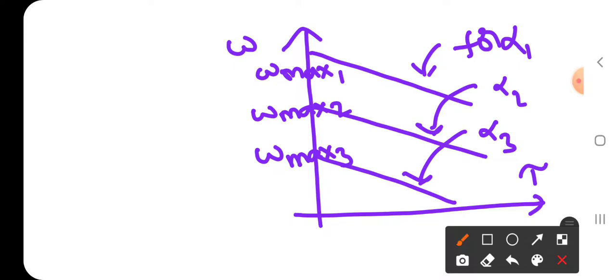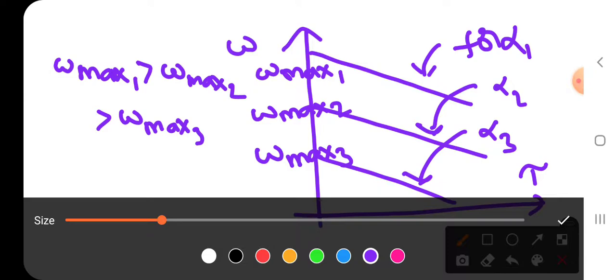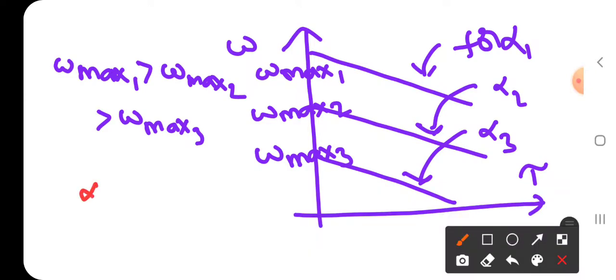So here omega max 1 is greater than omega max 2, which is greater than omega max 3. Now let me know the relation between alpha 1, alpha 2, alpha 3. So here alpha 3 is greater than alpha 2, which is greater than alpha 1.